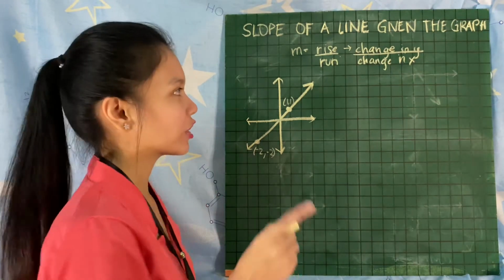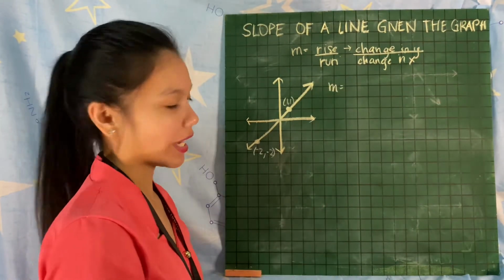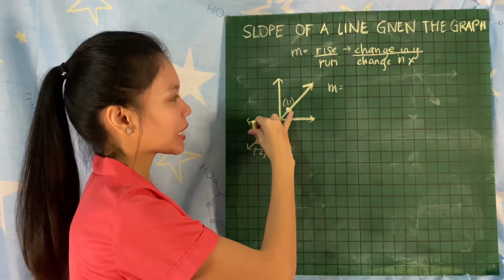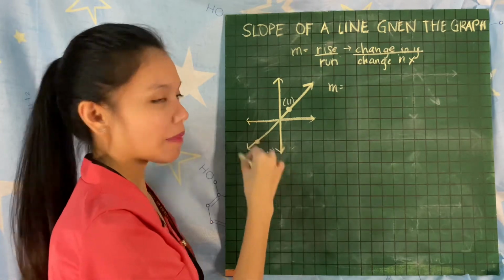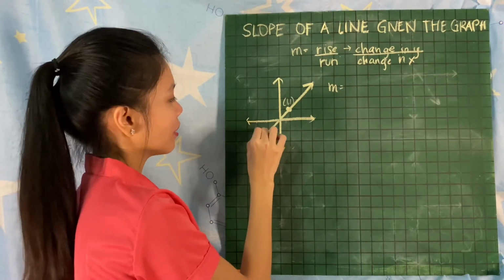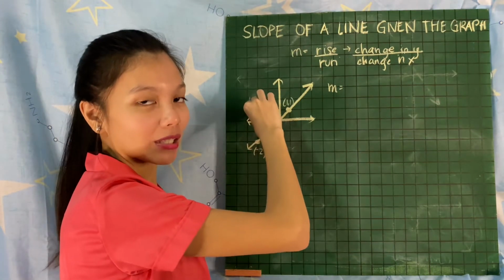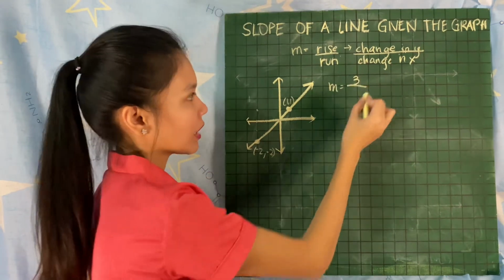First, dahil siya ay rise, we are going to get first the change in y. From this point, aakyat tayo hanggang sa makatapat natin yung second point. We have 1, 2, 3. So, we have 3 steps upward, that is positive 3 for the numerator.